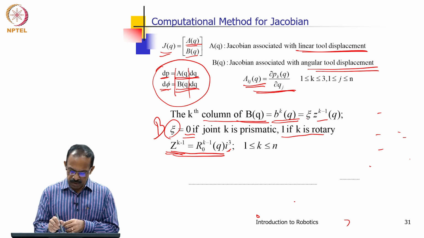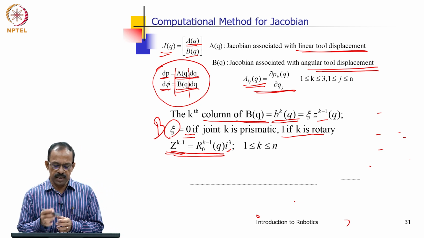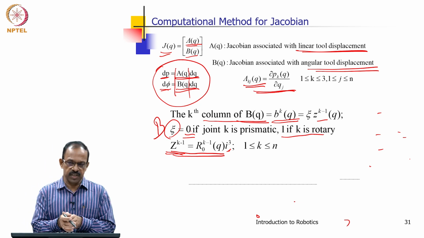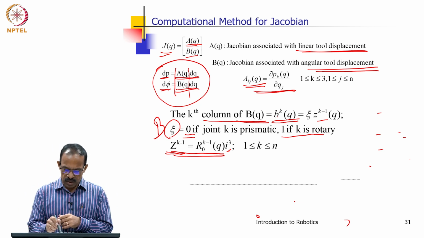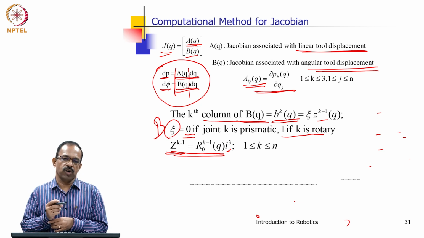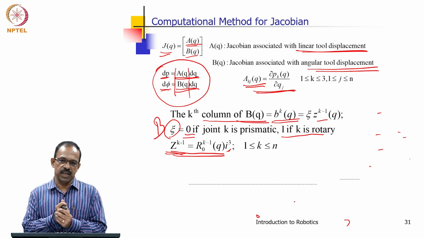If it is rotary it will be 1. If it is prismatic then there is no rotation and no angular velocity, therefore this b_k will be 0. So, whenever there is a linear joint or a prismatic joint, it has no contribution to the angular velocity of the tool tip, that is what it says.